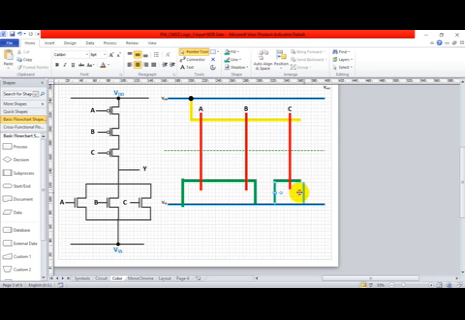Suppose for this problem this side was source and this side was drain. For the second transistor I have considered this as drain and this as source. Now this drain, I have to short it.